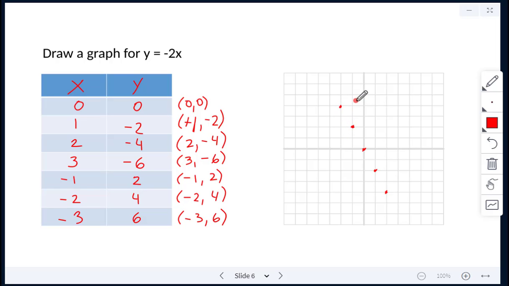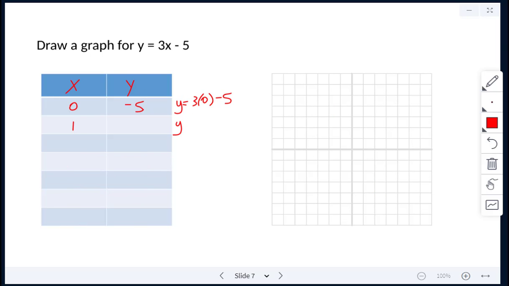All right, so we can see it is going downwards, which is what we were expecting because that value here is negative. And we can put those arrows to show that the graph continues on both sides.